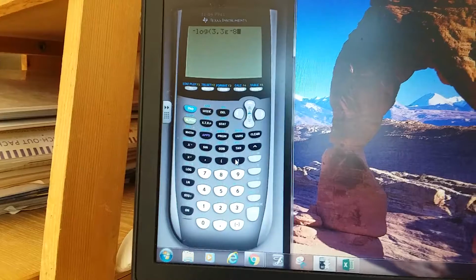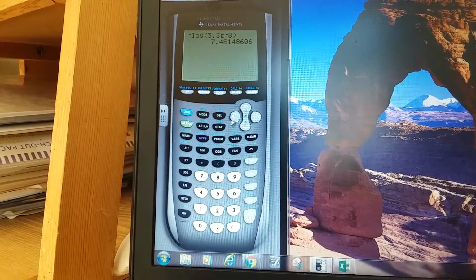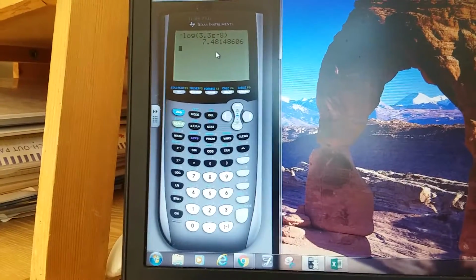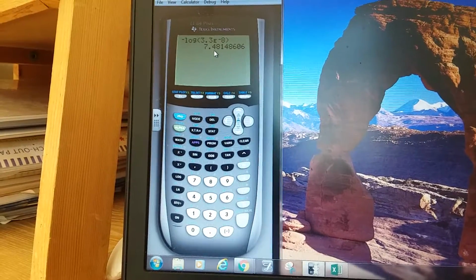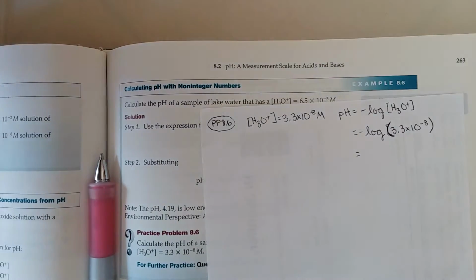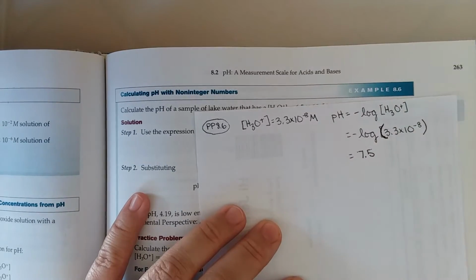Don't have to close the parentheses, but I do anyway. 7.48. Let's see, we started out with 2 sig figs, so I'm going to round this to 7.5 so that we'll end up with 2 sig figs. So that is a pH of 7.5.